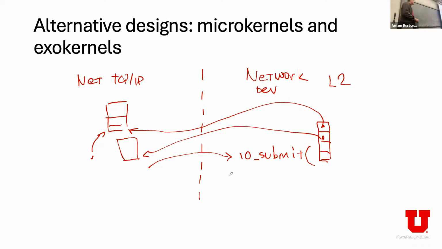What do you think was the reason? It's too expensive, right? Zhafang says the overhead of crossing isolation boundaries is too expensive, at least on modern CPUs. We'll talk a little bit in a second, but that's really the reason.